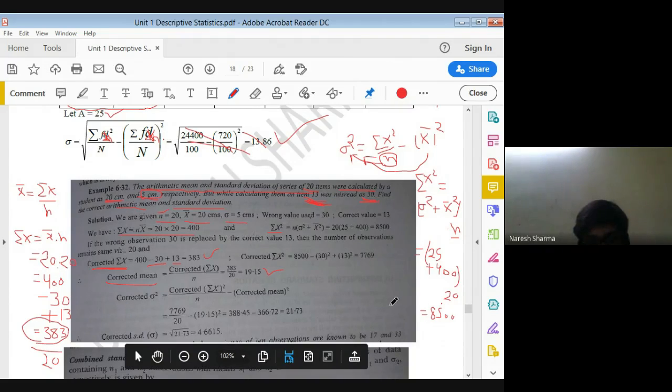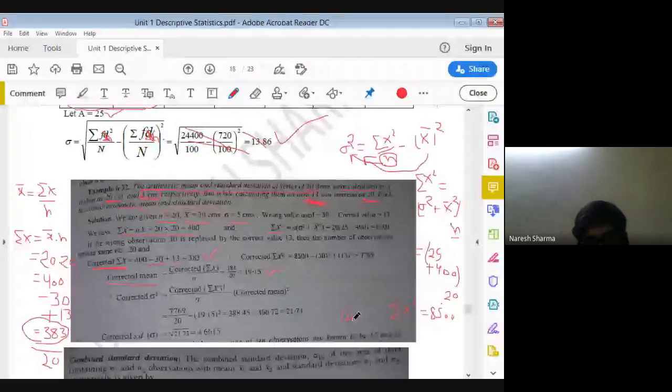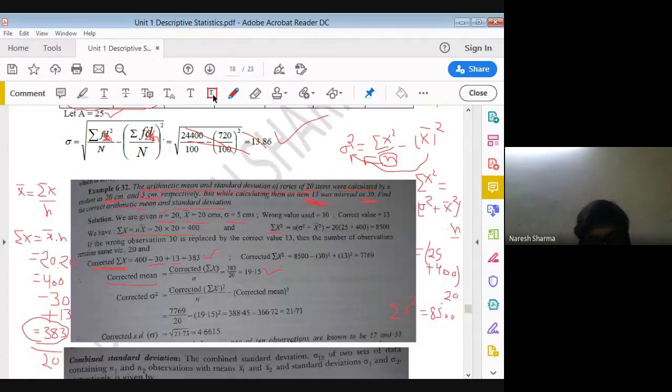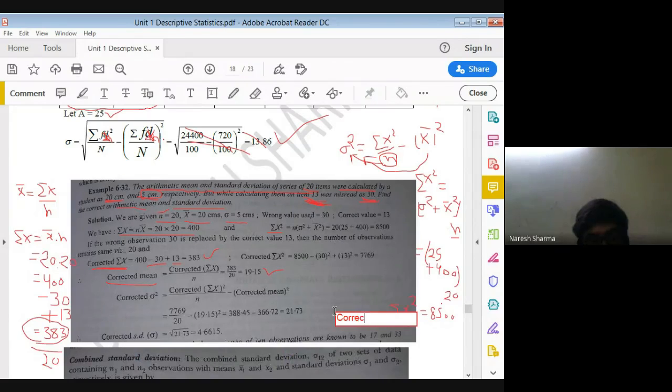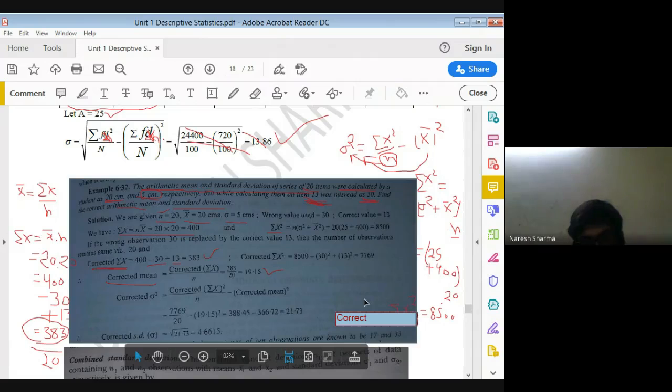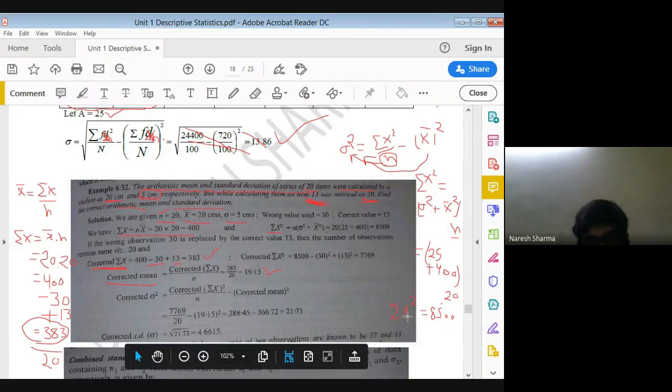So what is the correct summation x square? I'm writing here C for the correct.